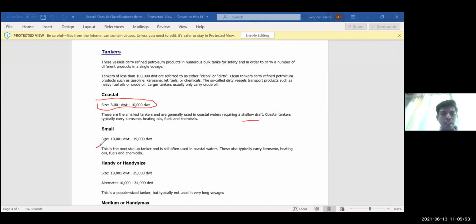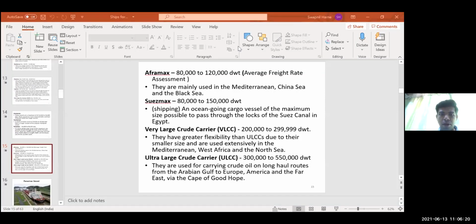Next comes the small tanker, then you have the handy sized tanker, and there is something called an Aframax. Gentlemen, let me share my PPT again. Okay, Aframax tanker.